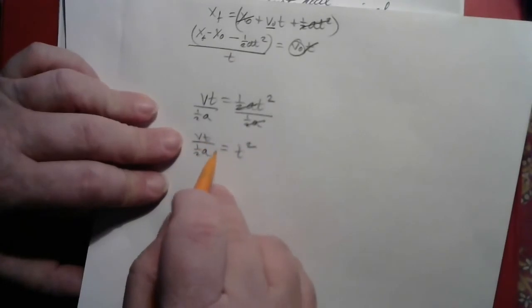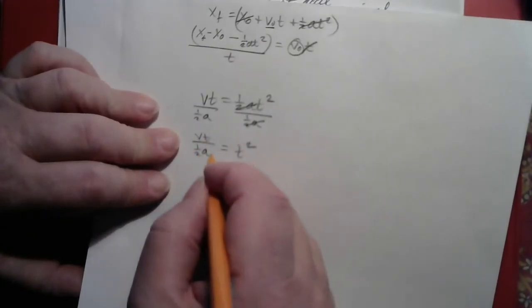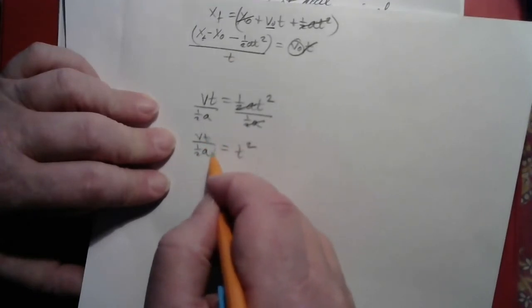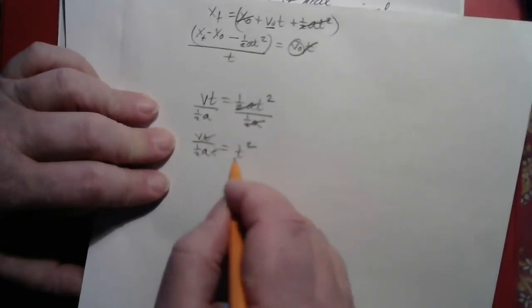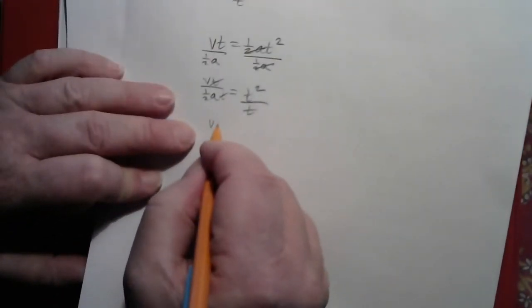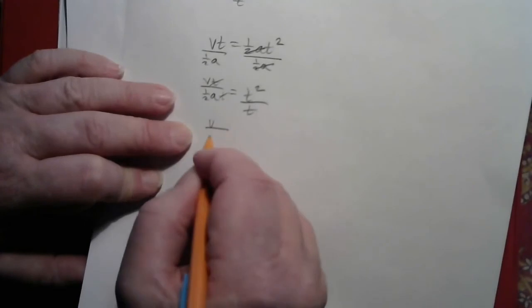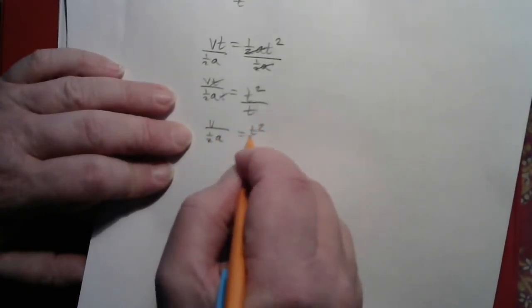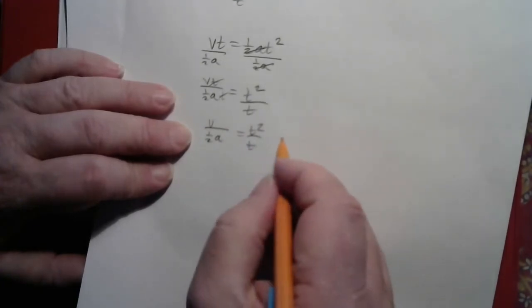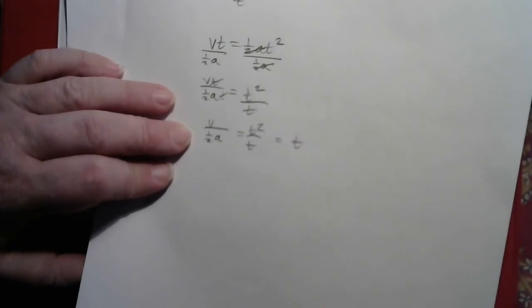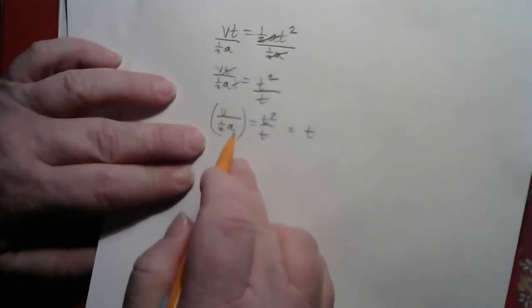Now to get T on the other side, we're going to have to divide both sides by T. Dividing this side by T cancels T out, and you divide this side by T. So we have V over 1/2 A equals T squared over T. Well, T squared over T is just T. So there we have it, V over 1/2 A.